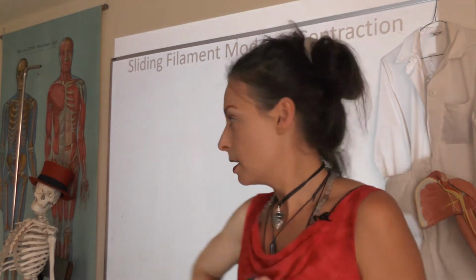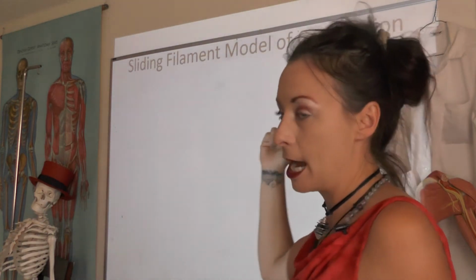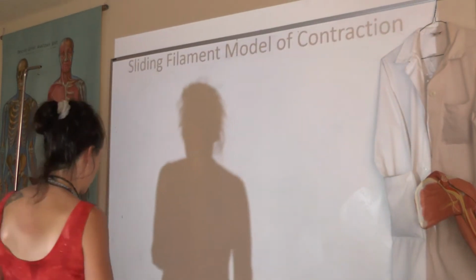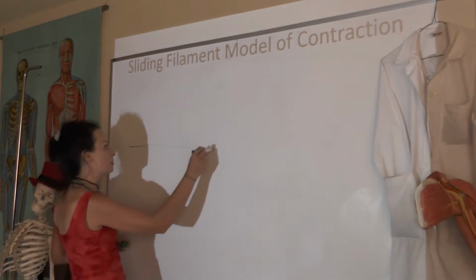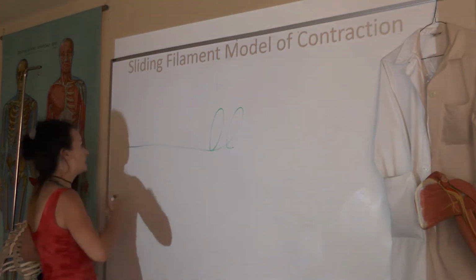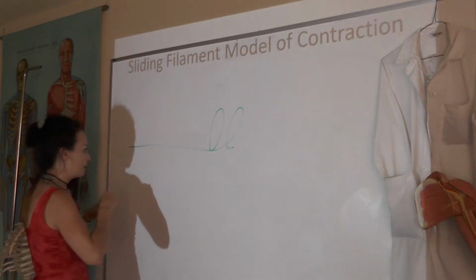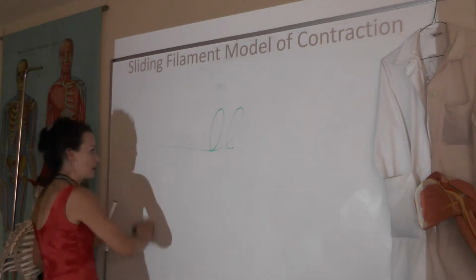So here we go, cheers to hoping the sliding filament model of contraction lecture actually goes as it's supposed to. The reason I'm so angry about it is because yesterday I had this beautiful picture up of my thick filaments and my thin filaments, and it was different than this, I'm realizing now.